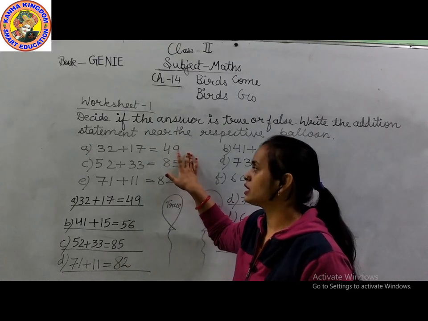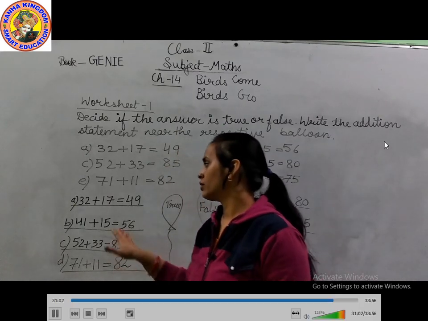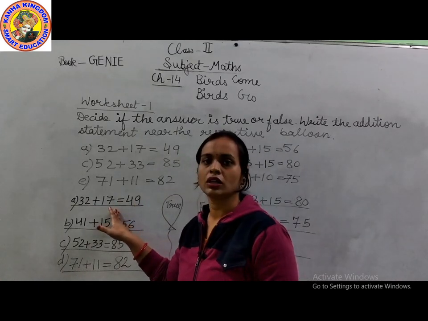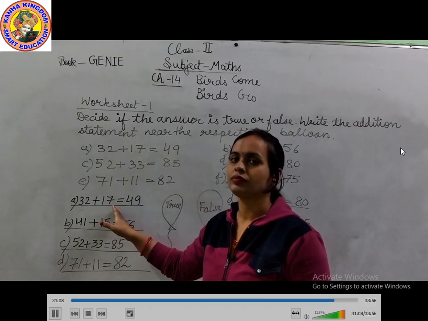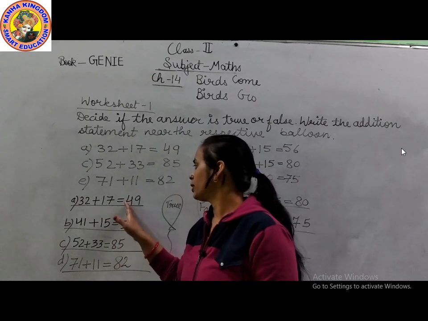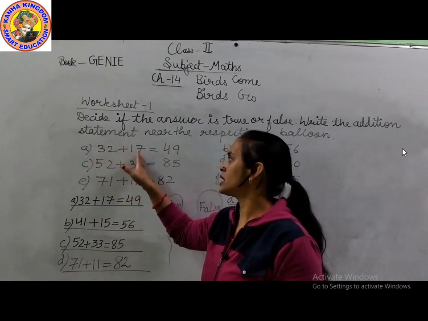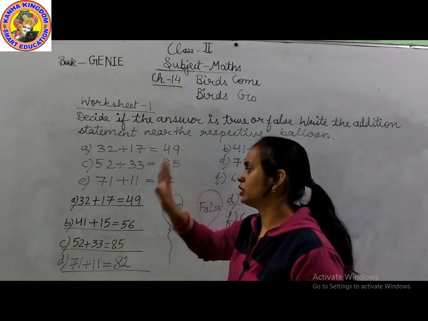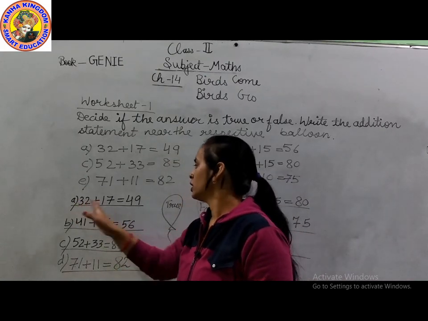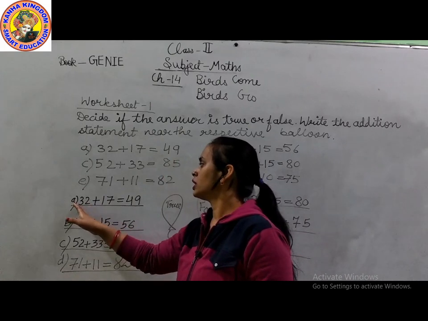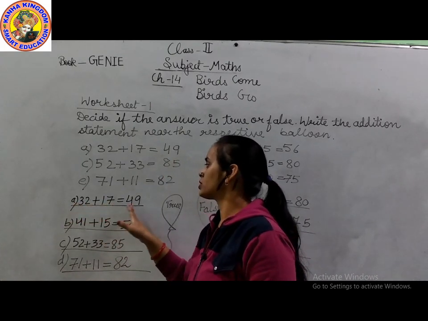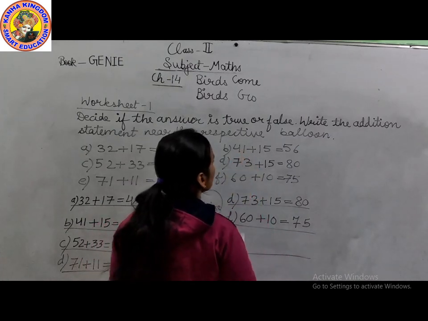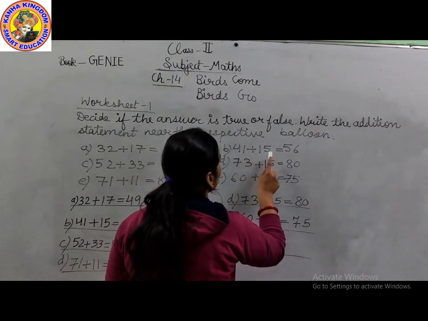If the answer is correct, write the addition statement near the true value. Okay? True value. 32 plus 17 equals 49. This is the correct addition. So I'll write it here near the true values. 32 plus 17 equals 49. Now next is 41 plus 15.